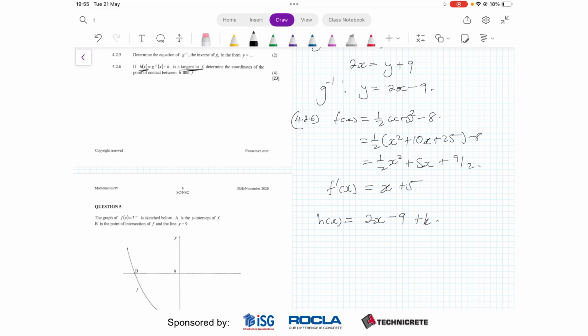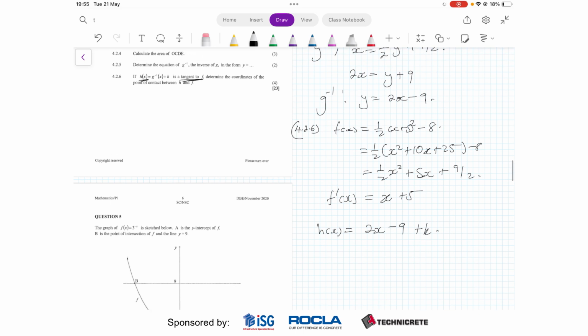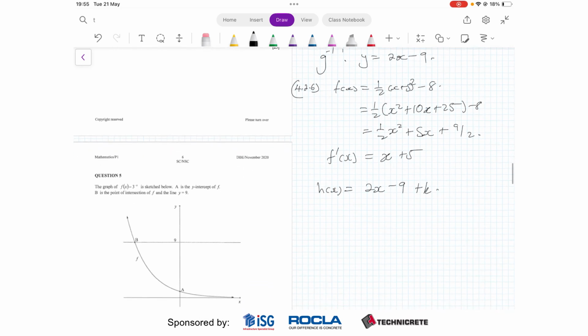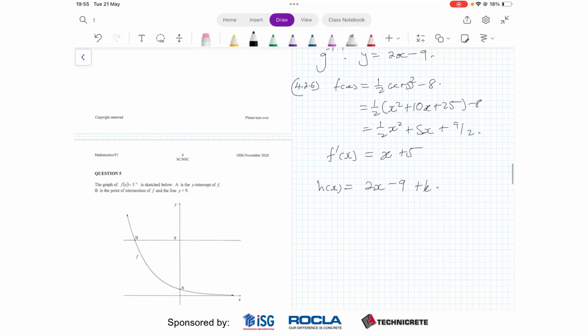Okay. Now, remember that we are told that h at x is tangent to f. Now, if h at x is tangent to f, then we can determine that x plus 5, which is the gradient of the tangent, remember, the first derivative is the gradient of the tangent.